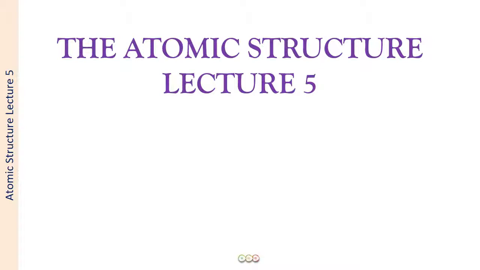The atomic structure. Today we will begin with lecture 5 from the course, but make sure you watch the previous ones before viewing this one. In the last lecture, we discussed the atomic models given by Thomson and Rutherford.